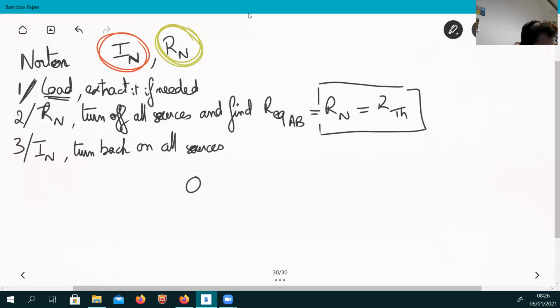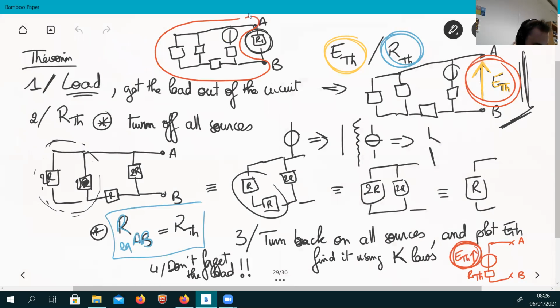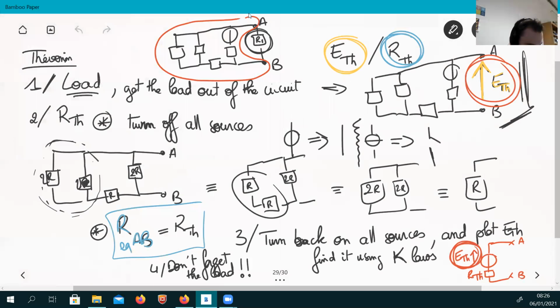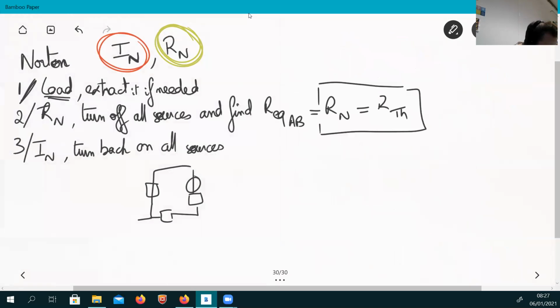So the circuit was something like, I don't remember. Something like this, between A and B. So to get IN, turn back on all sources.